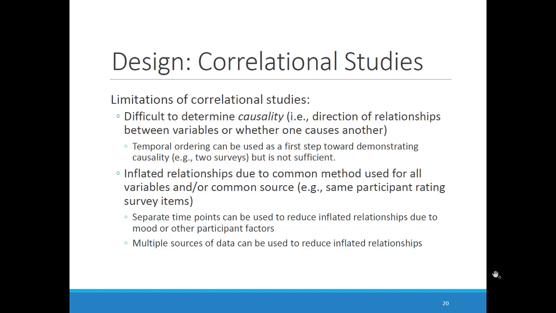Well, because you have the same participant providing their answers to both in the same format, like a survey, you could possibly have inflation of those. So say I'm in a really good mood when I'm filling out the survey. I'm going to say, yeah, my personality is this. I also have really good work productivity. The relationship between those two things could be inflated based on my good mood that day.